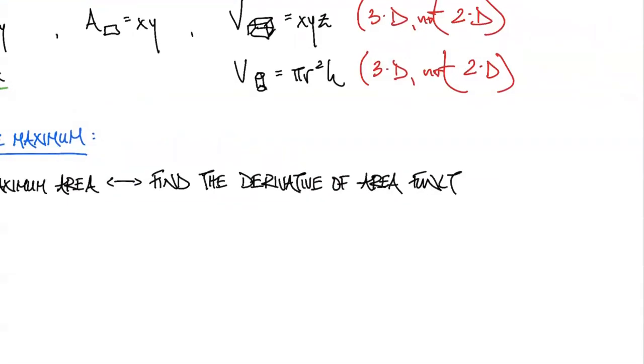What do we do after we find the derivative of the area function? Good, set it equal to 0. And why are we setting it equal to 0? Good.